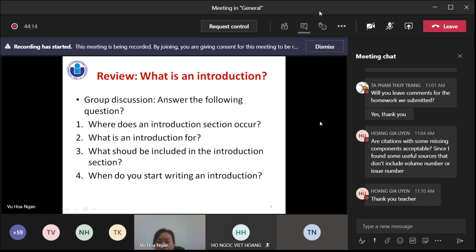But the introduction is the first chapter of the main text, right? Chính văn, main text. That means it is the first chapter in your main text, but the abstract goes before. Does that make sense? We'll talk about the abstract later. But yes, the introduction comes after the abstract, and it is the first chapter or first section of your main text.